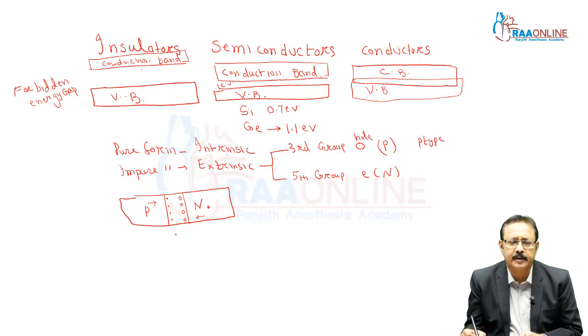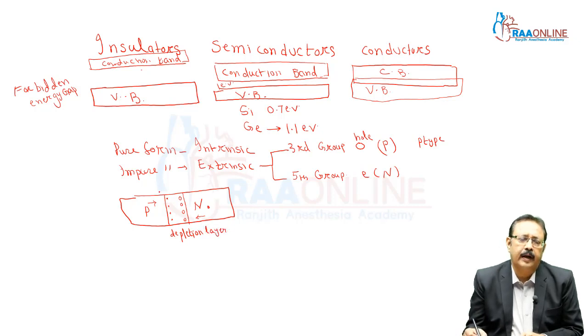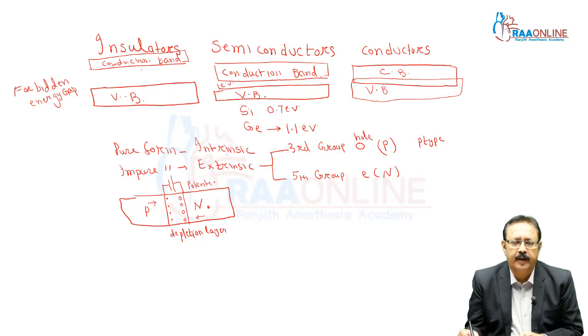It is known as the depletion layer, and it is just like a battery whose negative terminal is here and positive is this, and this battery is known as potential barrier.